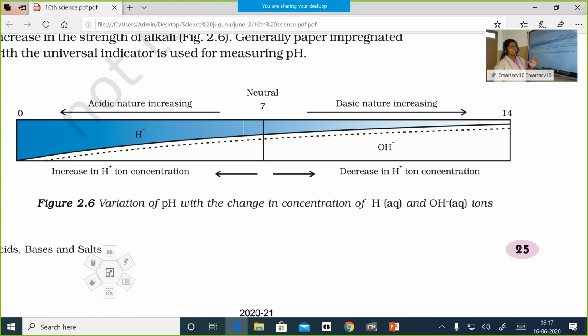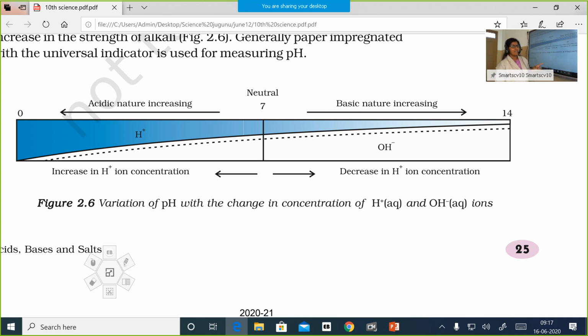So pH is a value which is determined by the amount of H plus ions produced by a solution when it is dissolved in water. As is very clear from the diagram, the solution which produces the highest number of H plus ions has the least pH value, and the solution which has the least amount of H plus ions, for example, the area marked as 14, has the least H plus ion concentration.